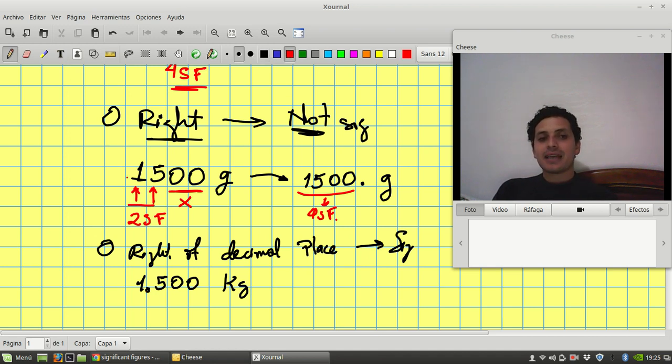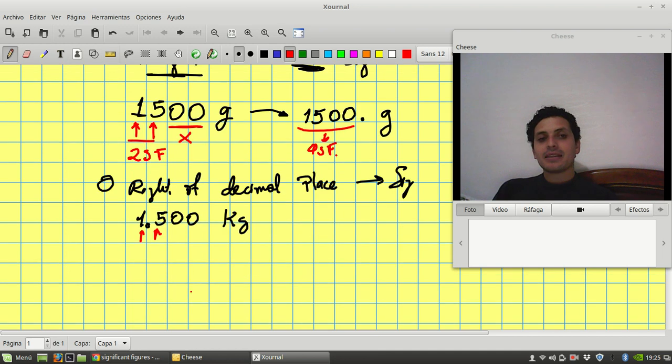But in this case we have two significant figures, and in this case the digits are significant and the zeros to the right of the decimal place are significant, so these are four significant figures. Same values, but in physics both are different. One represents a measurement of two significant figures and the other a measurement of four significant figures.